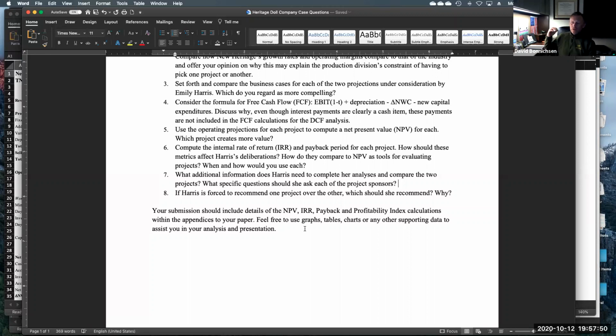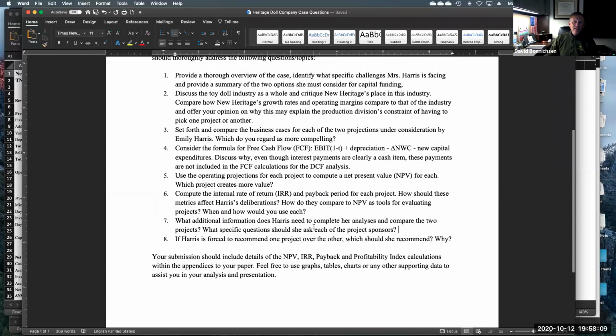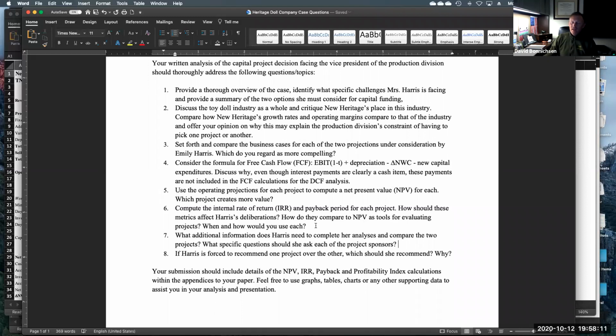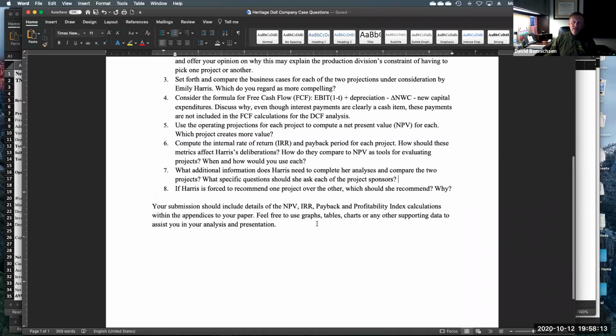For your paper, there's no minimum number of pages. My expectation is that the length of your paper will be adequate to effectively and thoroughly communicate responses to each of these 8 questions, as well as presenting in logical format how you got to the calculations that resulted in your final decision on question 8.